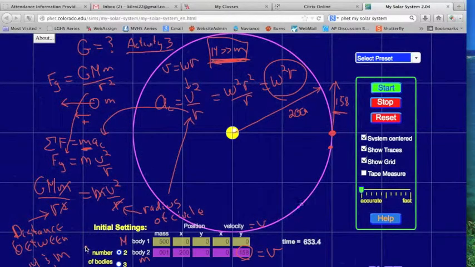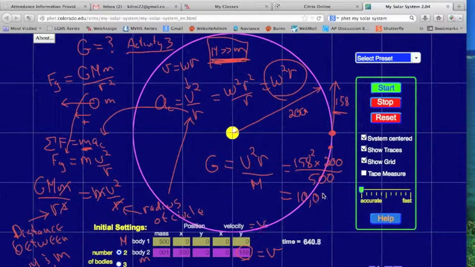So we simplify, and I can solve for big G. And so big G is V squared times R over big M, right? And so if you put in the values for that, 158 squared times 200 over 500, you get about 10,000.